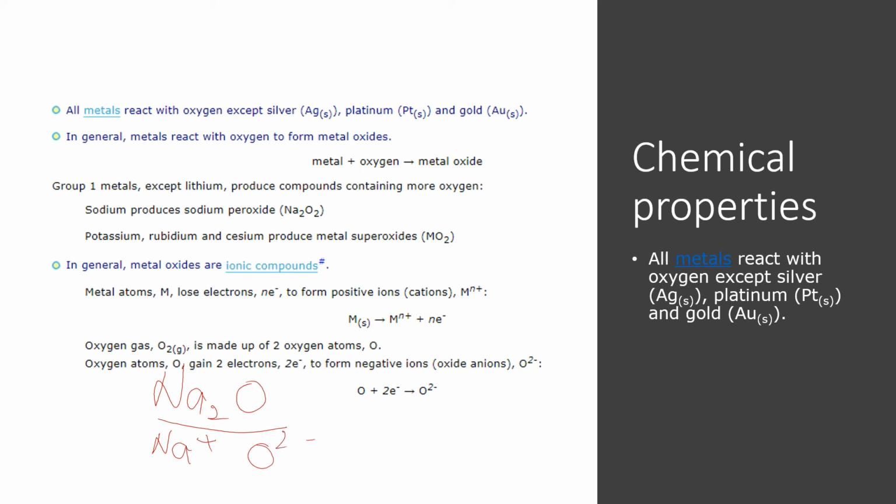Because the charge of sodium is only 1, but the charge of oxygen is minus 2, then we need 2 sodium here. So the formula is Na2O. So Na2O is an oxide. The type of the oxide is a basic oxide because when reacted with water it will form hydroxide NaOH, times 2.